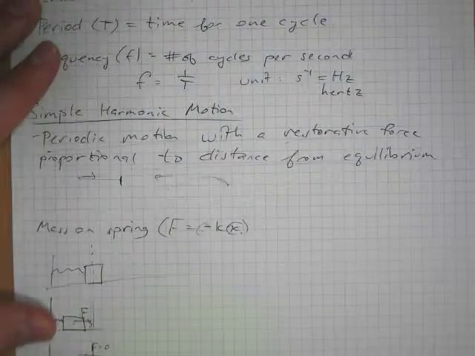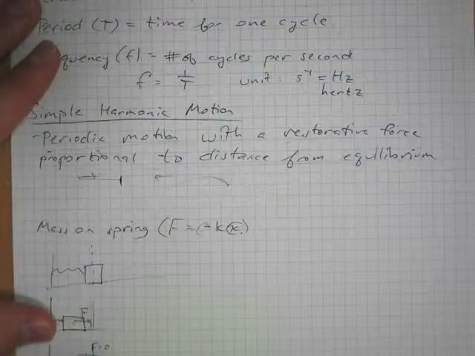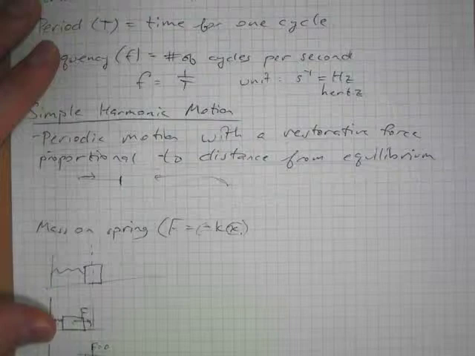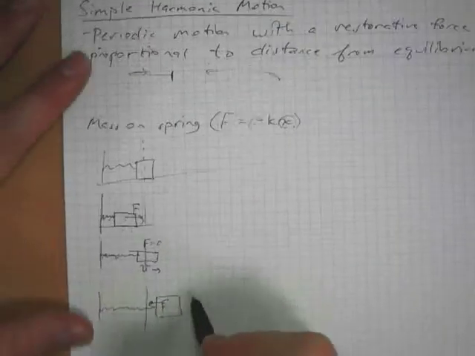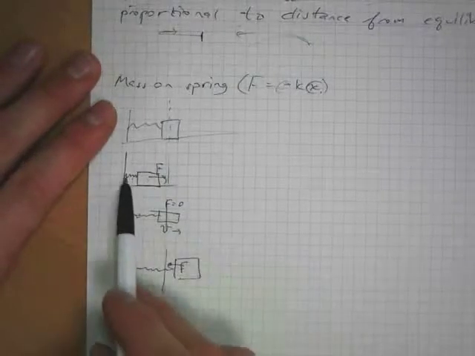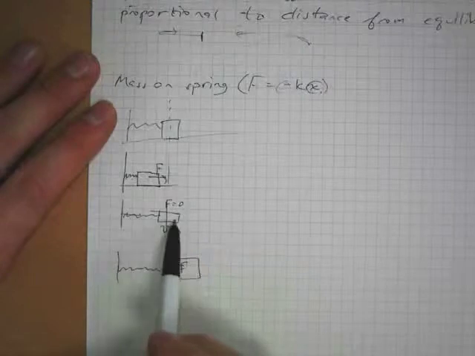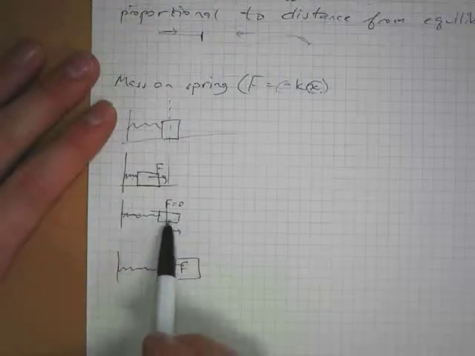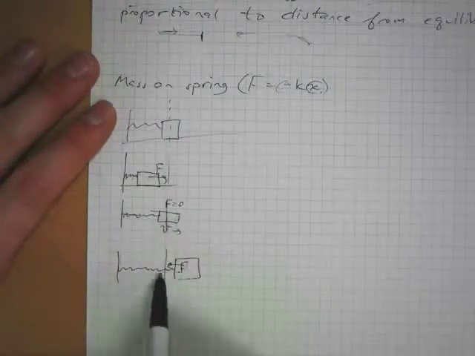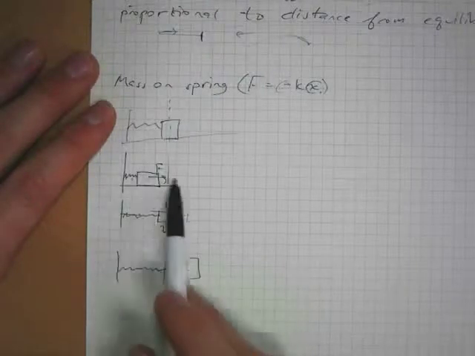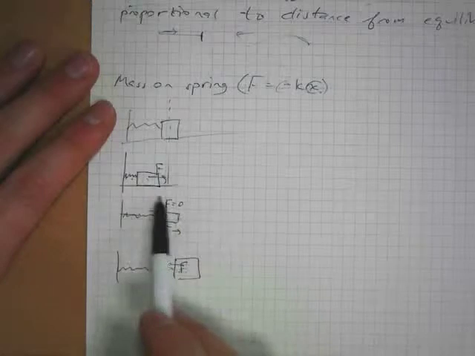As we get past equilibrium, there's a force pointing back toward the middle, and it'll slow down and stop. And once it reaches the compressed position, the force pushes this way, so it starts moving this way. At equilibrium, the net force is 0, but it still has the speed going to the right. Then as it gets past equilibrium, the force is pushing back toward equilibrium, so it does this back and forth motion.